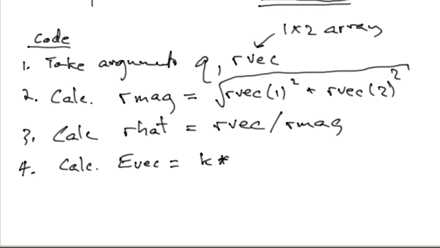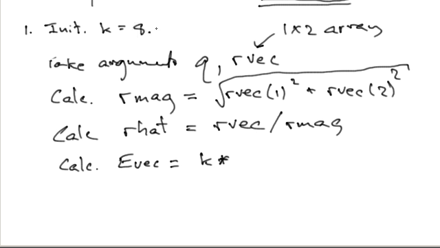I'm going to need k, so maybe I'll change these numbers. So step 1, initialize k equals 8.99 times 10 to the 9th, and then 2, 3, 4, 5.